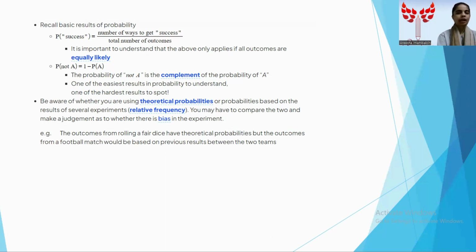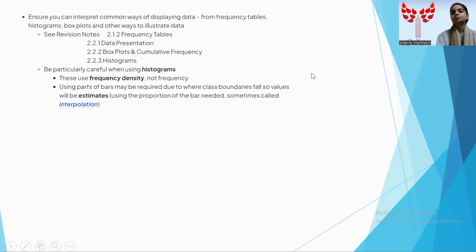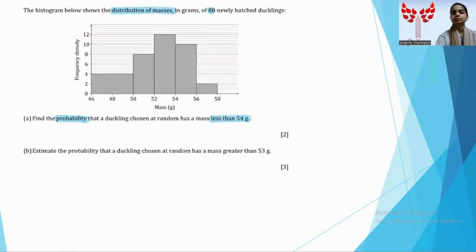They can test you on that, right? So that is something you should spot then and there. Then, from an exam point of view, you need to understand the common ways of displaying the data.